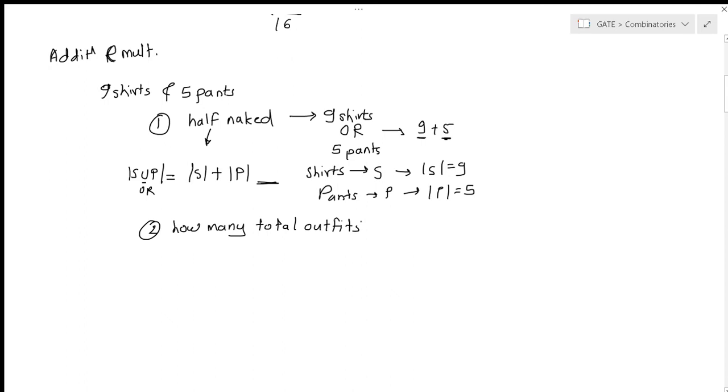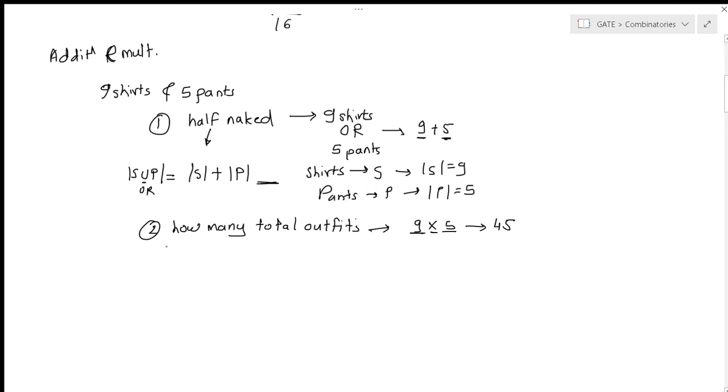Now the basic logic which we saw in the last lecture: I can say I am going to wear a shirt, corresponding to which I am going to wear a pant, and because both of them are independent, I can use the multiplication sign, right? I have 9 choices for the shirts, and corresponding to each choice I can make 5 choices for the pants. So what answer do I get? 45. Now I ask you, how will you represent this in terms of sets?